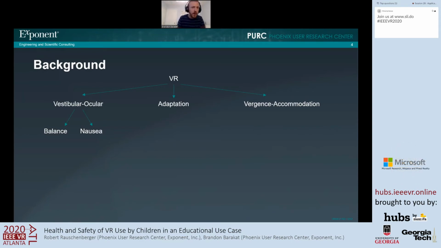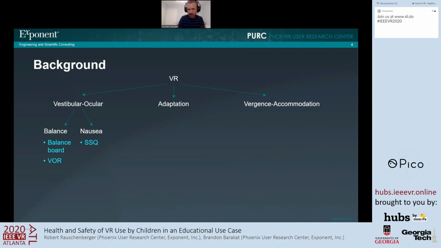For the vestibular ocular domain, this is referring to effects that mainly arise from conflicts between the sensory streams. So if you're seeing something that doesn't agree with what your body is feeling, you can experience things like nausea or potentially disturbances in balance. We had a few measures that mapped onto these, including balance board measurements and a measure of the vestibular ocular reflex.